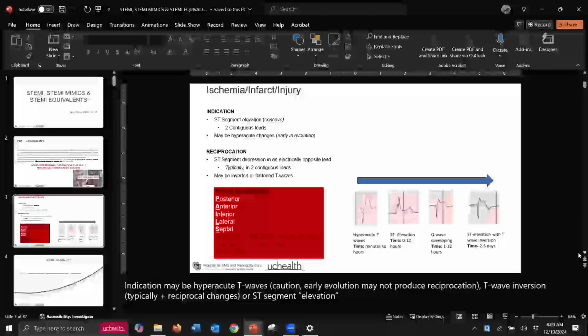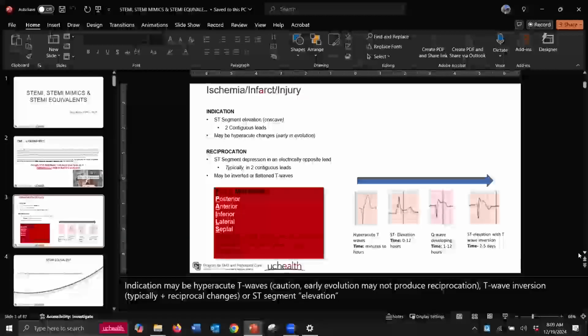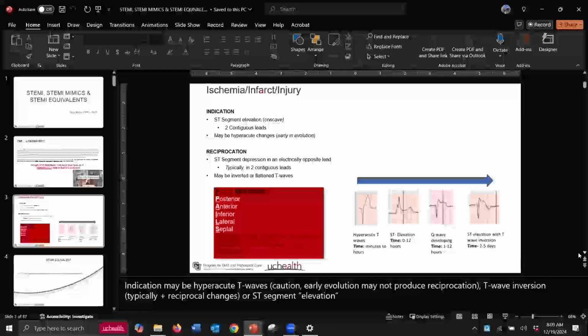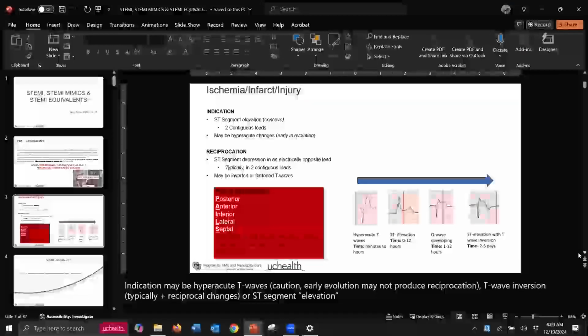So realistically, what we're looking for in a 12 lead is determination of ischemia, infarct, or injury, right? And that's all time dependent. That's all physiology dependent. It's all pathophysiology dependent. So what we need under the STEMI protocol is ST segment elevation in 2 contiguous leads.